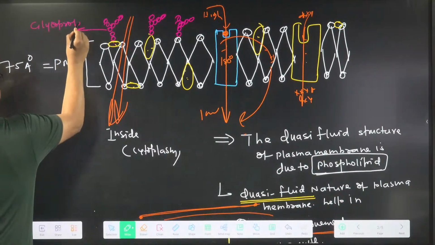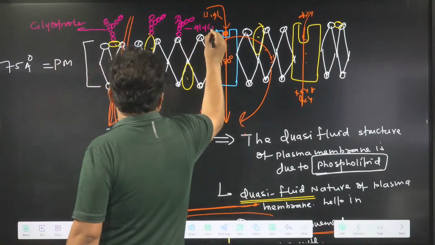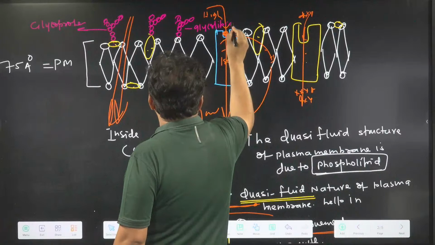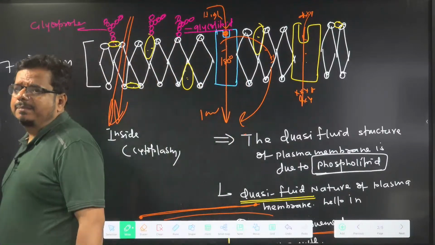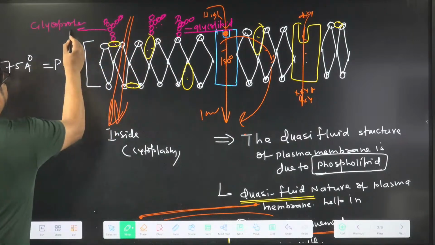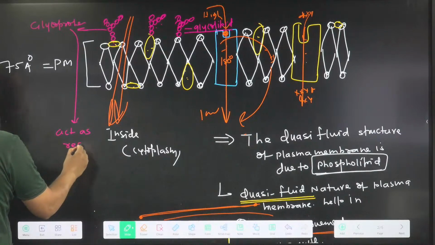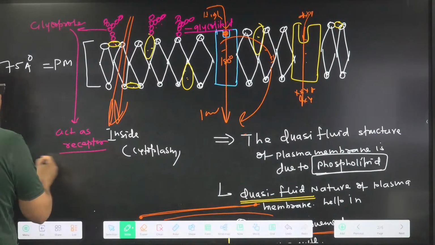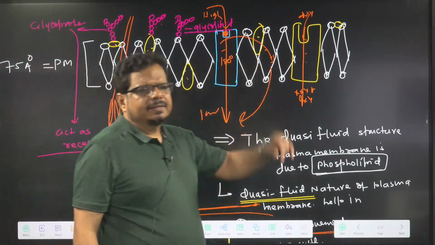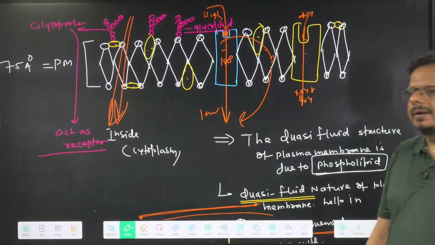And when it is attached with lipid, it is called glycolipid. Glycoprotein and glycolipid act as receptors, always present toward the outer side. So the plasma membrane is over. Got the idea? Can we move ahead?